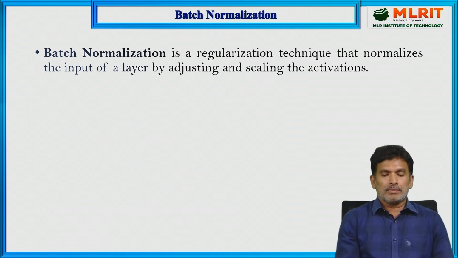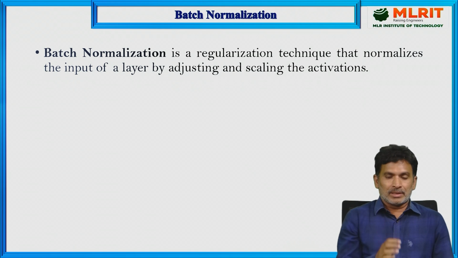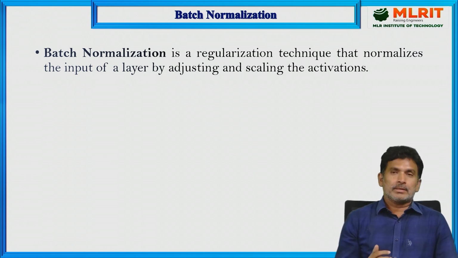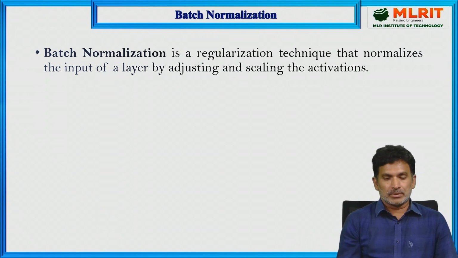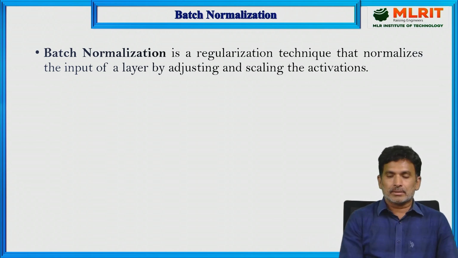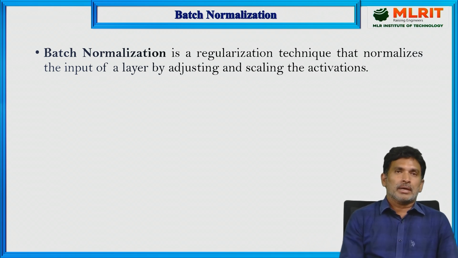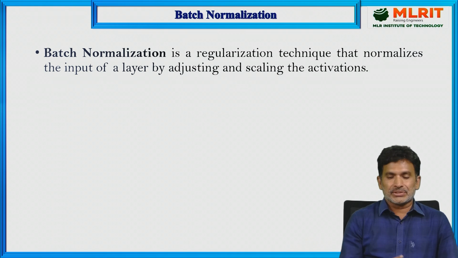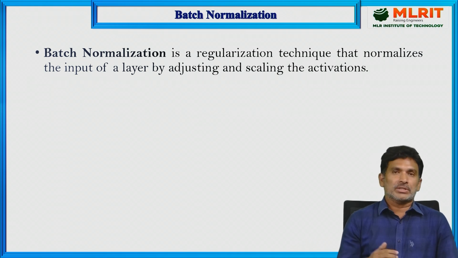Next, how can we avoid this problem by using batch normalization and dropout in deep learning. Let us see the definition of batch normalization and how it is applied to deep learning models. Batch normalization is a regularization technique that normalizes the input of a layer by adjusting and scaling the activations.